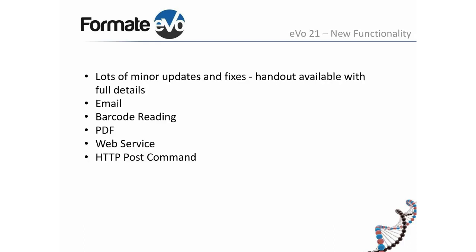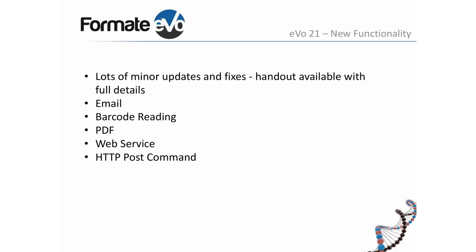Okay, in terms of new eVo functionality, there's a lot in the new eVo 21 release, and we've cherry-picked some of the major items. So we're going to run through the following. We're going to cover some of the updates.